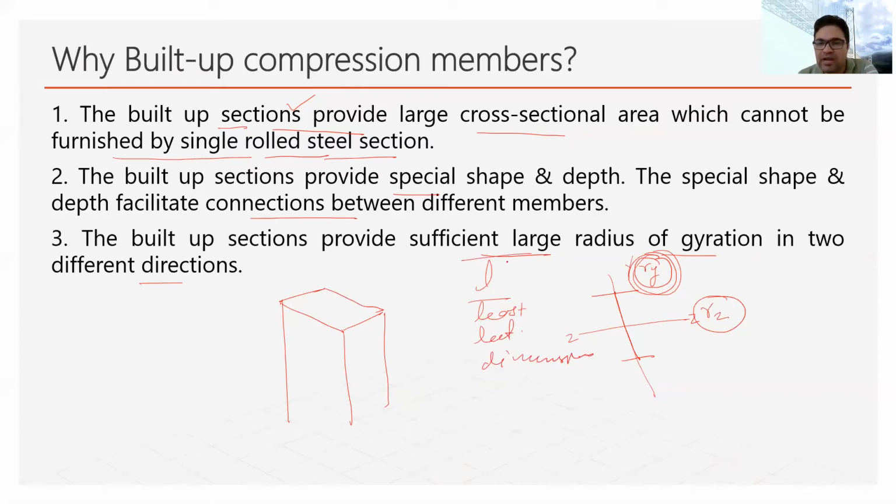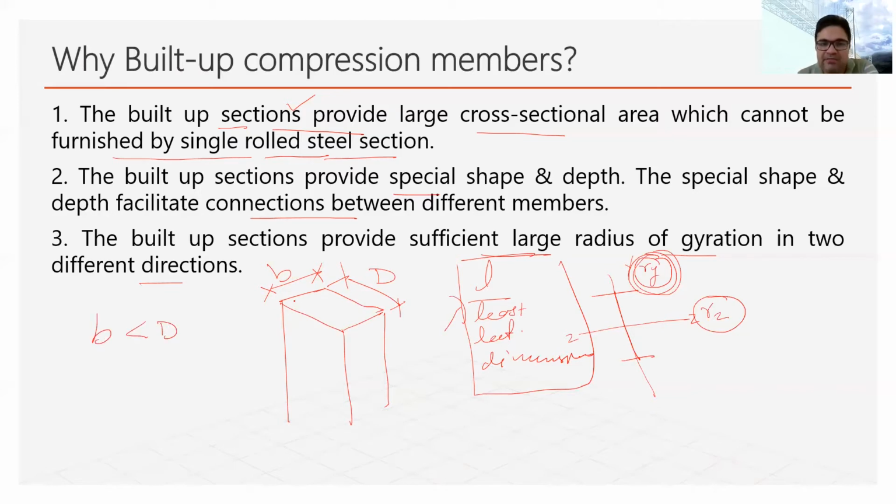So this is how we find out lambda, which is slenderness ratio, in case of say RCC column. So in RCC column, generally we use circular or rectangular sections. So in that, say this is B and this is D. We can clearly see that the least lateral dimension, which is B, is less than D.